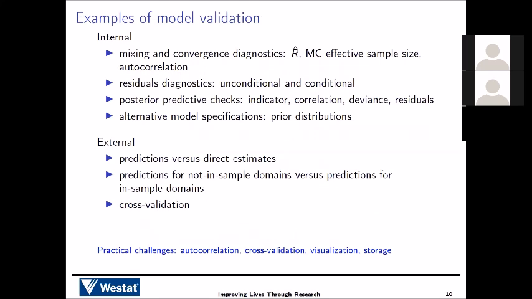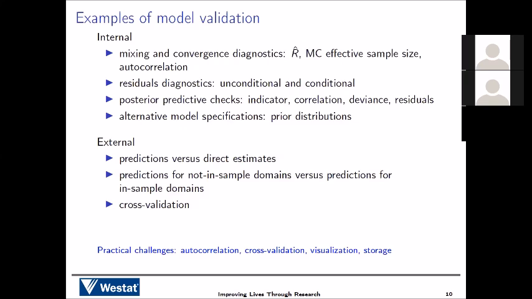As with any model-based approach, model validation is critical. In general, there are internal methods that one can use, for example, to test for mixing and convergence if you use MCMC with multiple chains. I just listed here some tests for that.